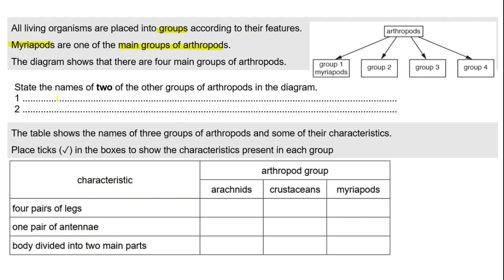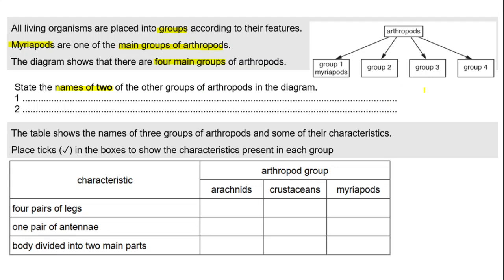The diagram shows that there are 4 main groups of arthropods. We have already discussed it, right? One group is shown, that is myriapod, and you have to name 2 others. State the name of 2 other groups of arthropods in the diagram.